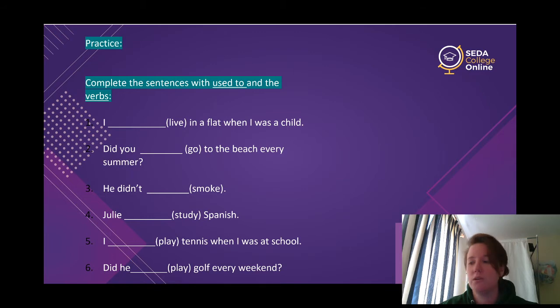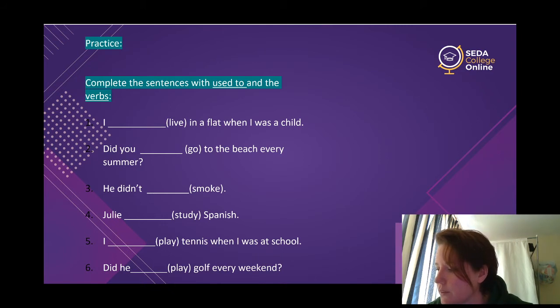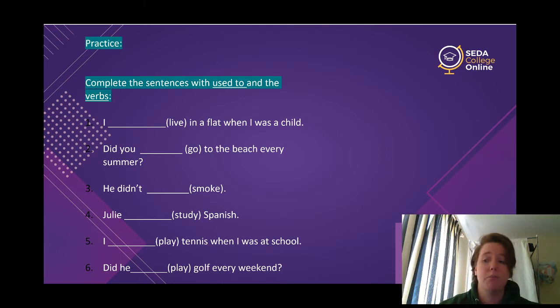Okay, I'm going to give you 2 minutes and you just write the number and then the answer. So I'm just giving you 2 minutes to do that. Let's go through them together, and then after I will go through each of them.